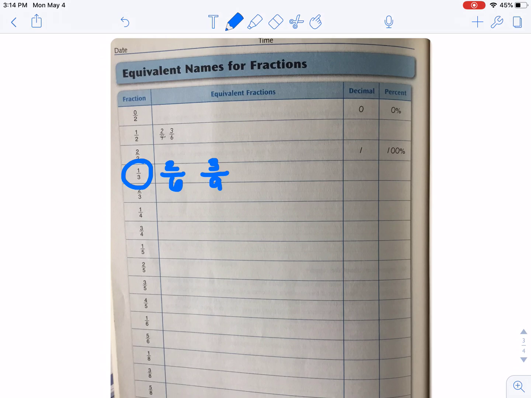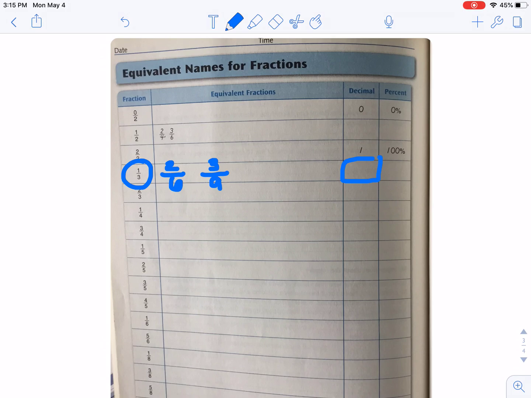And then you would do your division on your calculator to get the decimal for that. And then, which by the way, I got that out for you right now. And then you would turn it into a percent.